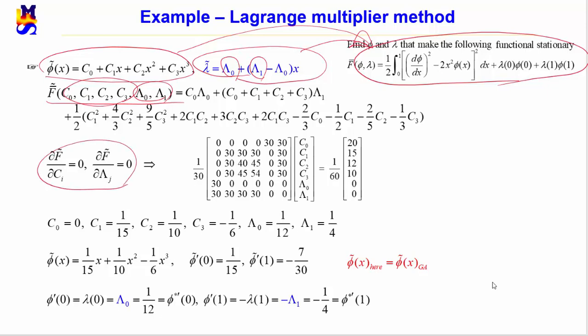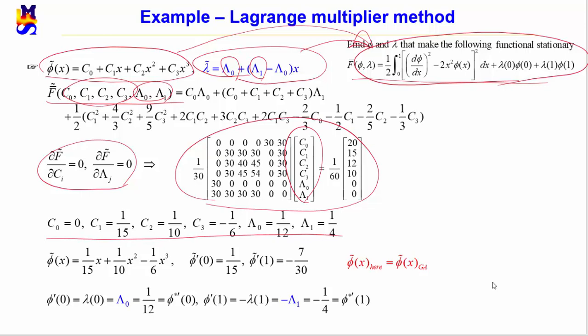Applying this necessary stationary condition to make this approximated function weakly stationary, we obtain a set of 6 linear equations for the 6 unknown constants, resulting in these solutions.